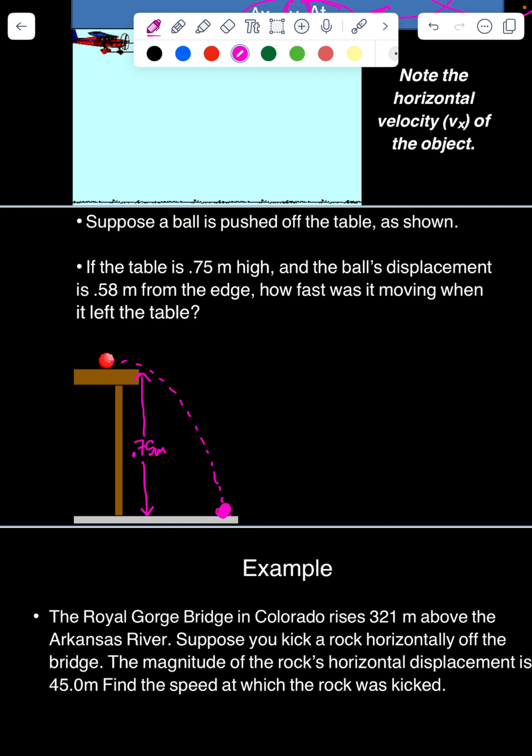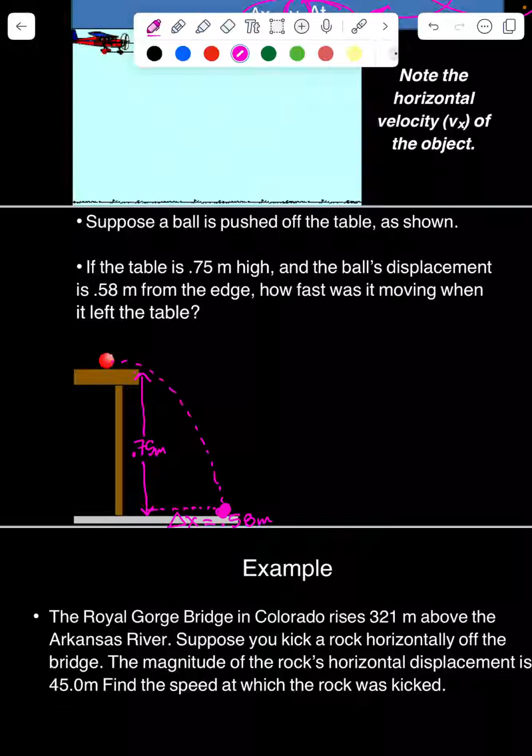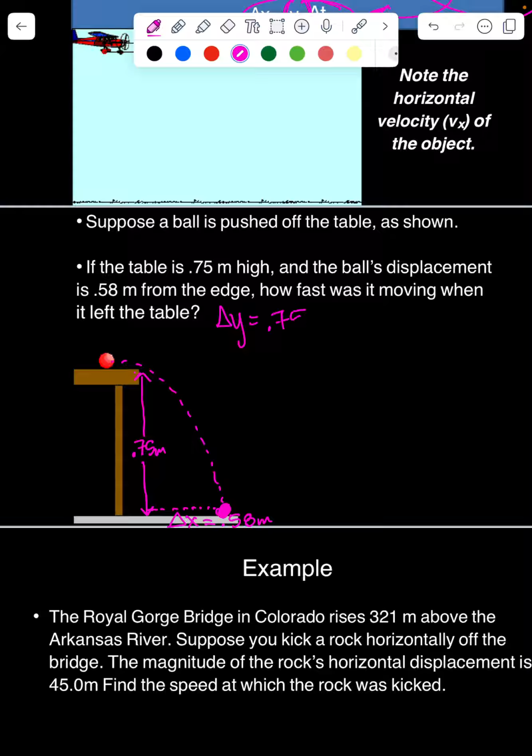And the ball's displacement is 0.58 meters from the edge. So that means as it left the edge of the table, the horizontal displacement was 0.58 meters. It landed 0.58 meters away. Those are our two givens. So we have delta y of 0.75 meters and a delta x of 0.58 meters.